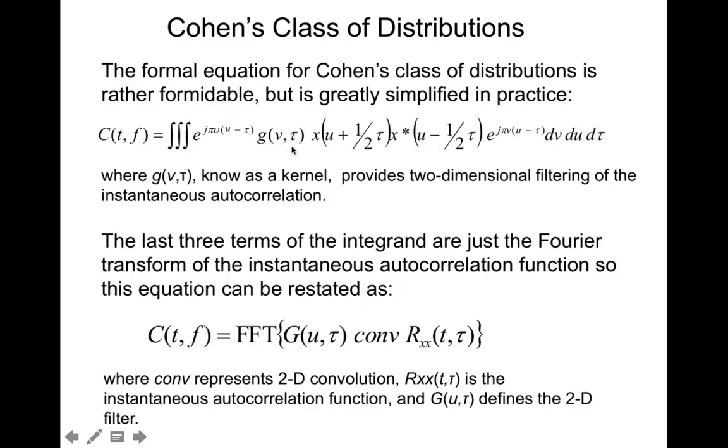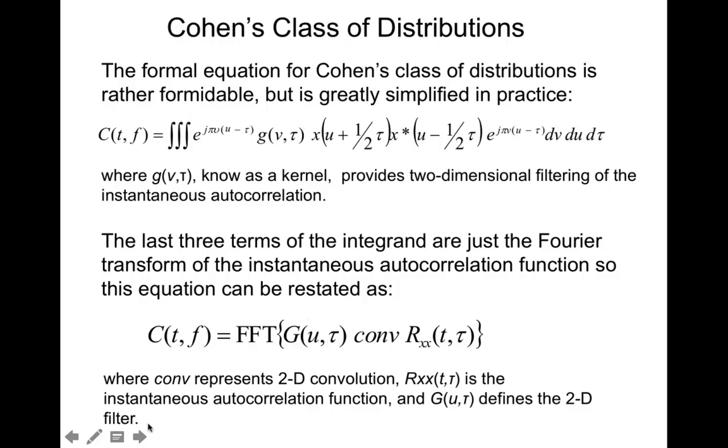So the kernel function in Cohen's class of distributions operates directly on the instantaneous autocorrelation. So it's a time domain, pre-transform operation. After that's done, the Fourier transform is taken by accomplishing the rest of the integral. You could restate that as a two-dimensional convolution between the instantaneous autocorrelation and a two-dimensional filter.